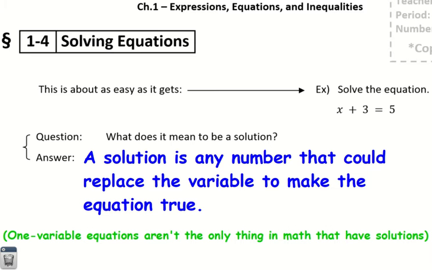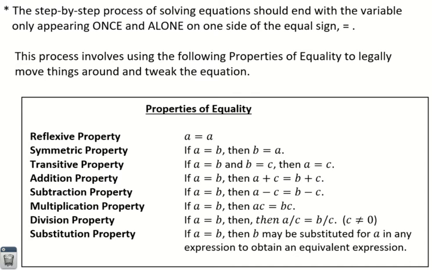For example, you don't have to write this down, but if they showed you a couple of steps like this and asked, what property did you just use? Like right here, what property was that? You would have to identify that by name, the subtraction property of equality.